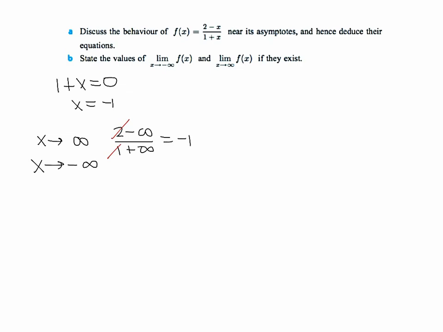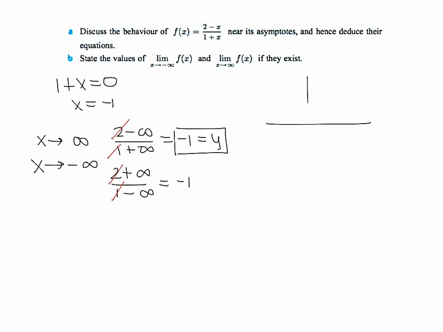If you plug in negative infinity, you get 2 plus infinity over 1 minus infinity. Again the 2 and 1 are so small you can ignore them, and we're left with negative 1 once again. So that's going to be your horizontal asymptote, y equals negative 1.